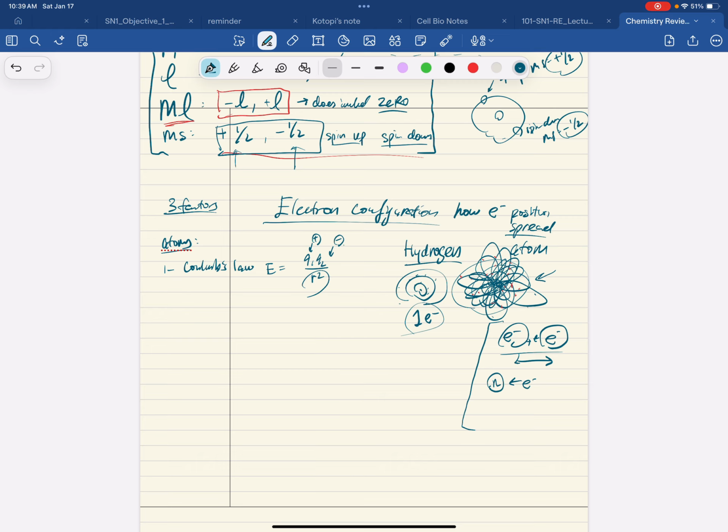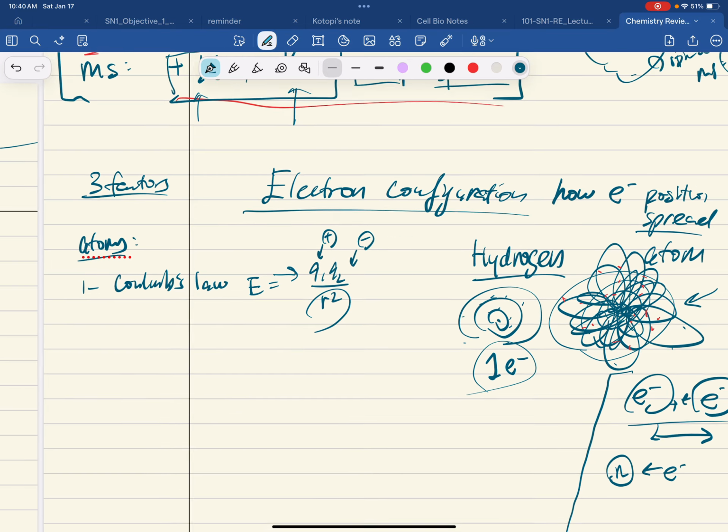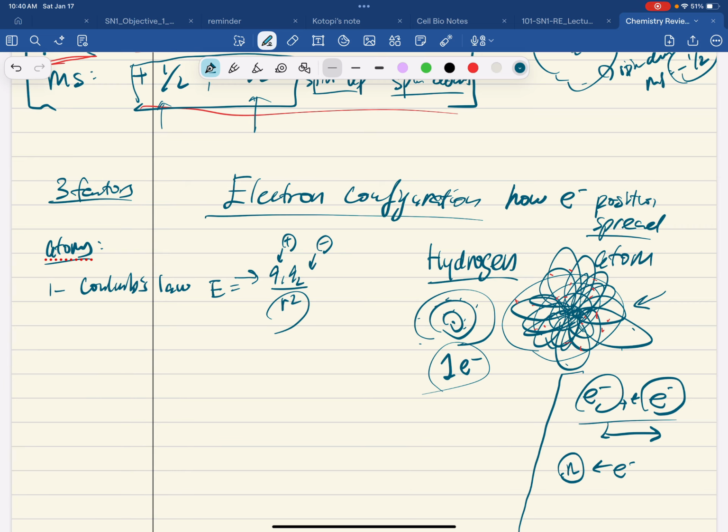And the bigger the charge, so let's say a +2 and a -2 is a bigger charge than a +1 and a -1, the bigger the energy, which is obvious as it is on top of the fraction. Since the distance is squared, it is more dominant, so whether it's far or close matters more than whether the charges are bigger or smaller. The second one is shielding.